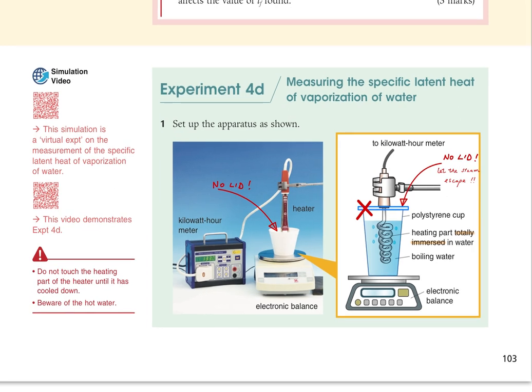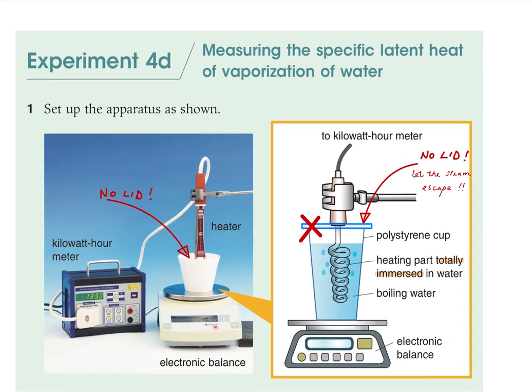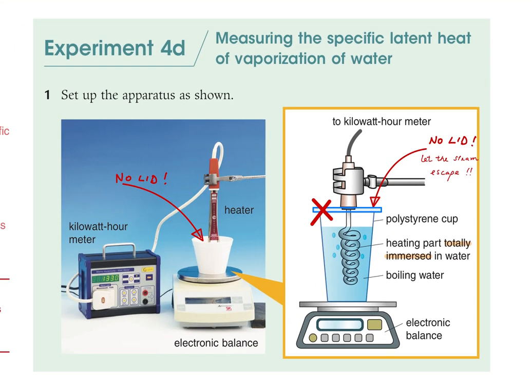The last one is experiment 4D, which is an experiment to find the specific latent heat of vaporization of water. In this setup, you can see there is no lid for the container. Why? Because in this case, you have to let the steam escape.